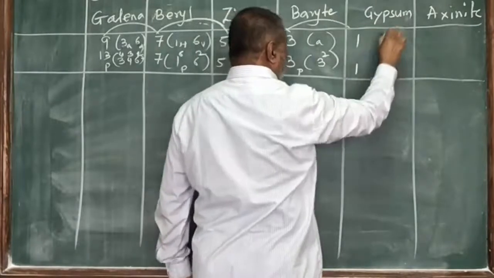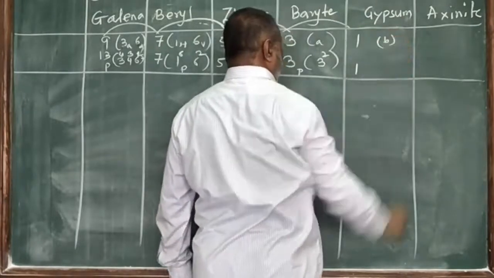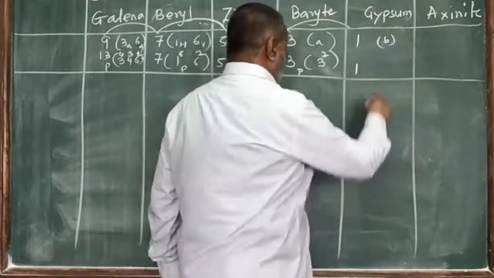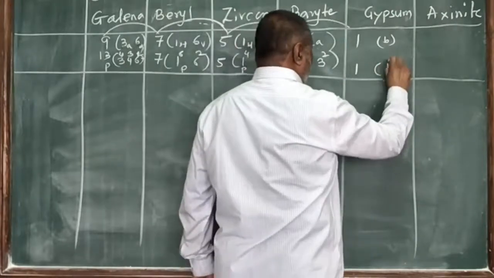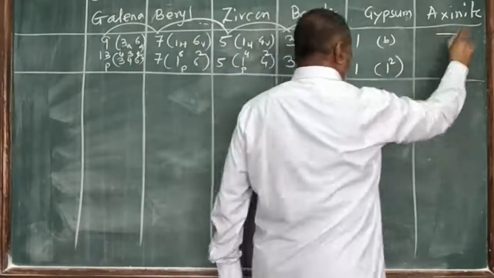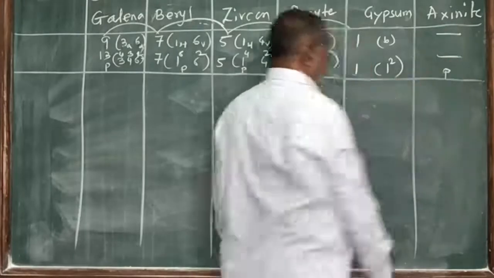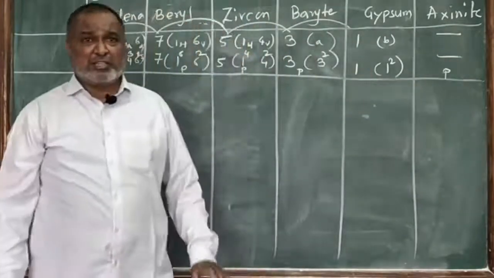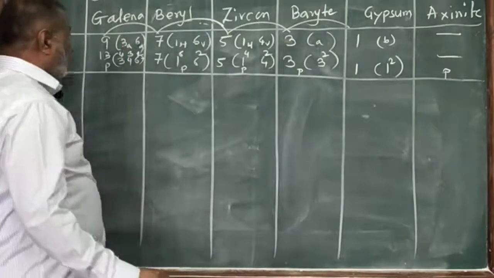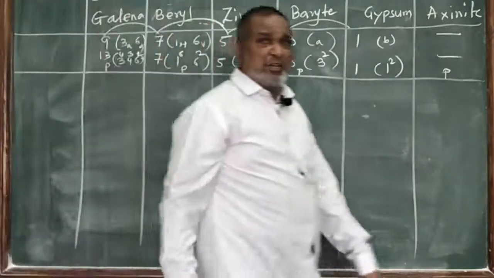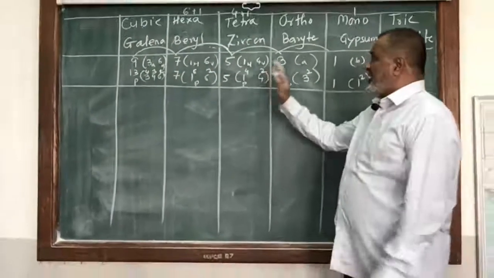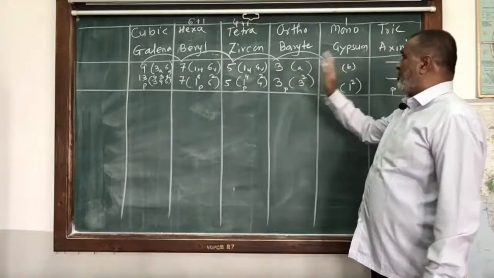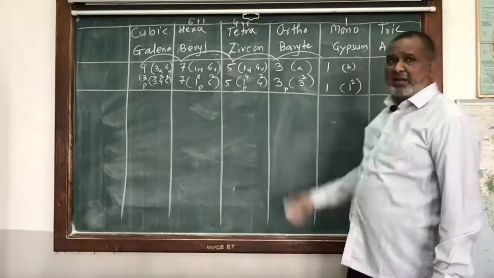Plane 1 is along the B side, and 1 of 2-fold is maximum. No axis, center of symmetry is present. So this is what we have, at a glance, the elemental symmetry of the cubic, hexagonal, tetragonal, orthorhombic, monoclinic and triclinic systems.